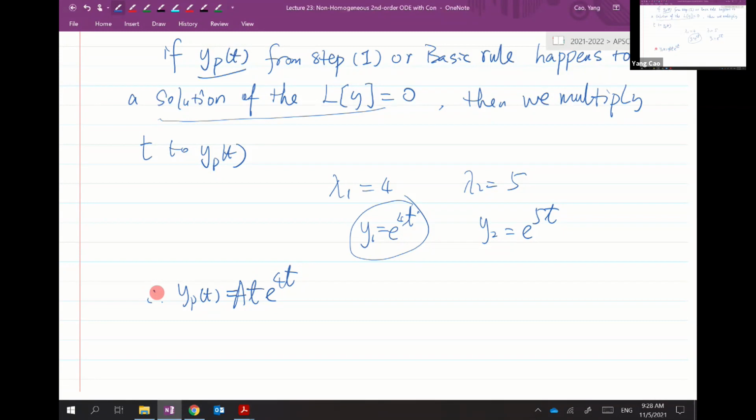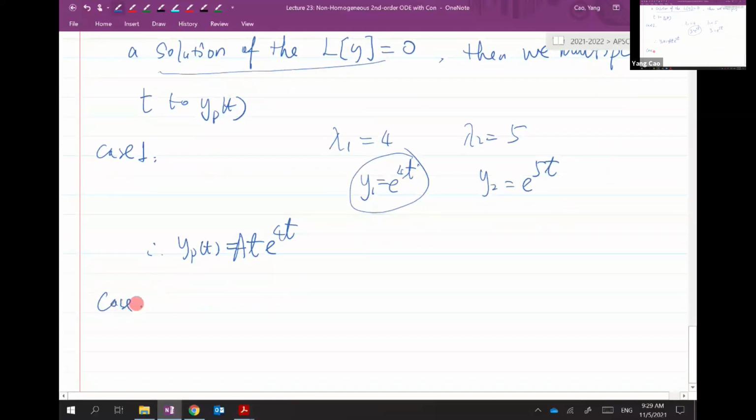And it's even a little bit more complicated. This is one case here: this e to the power 4t duplicates with this y1. So think about another case.